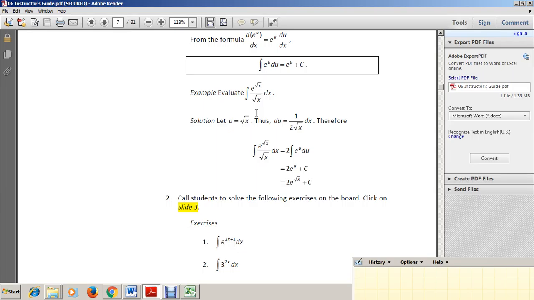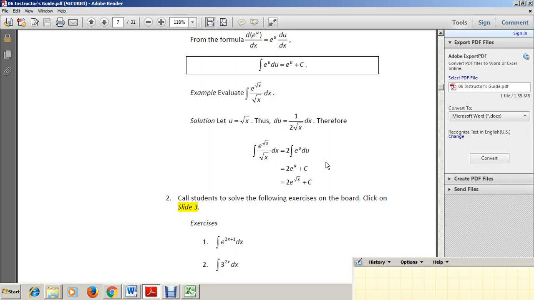Now, doing the derivative for u, the derivative of u is the derivative of x raised to 1 half, so that is 1 half x raised to negative 1 half dx. So you have du is equal to 1 half x raised to negative 1 half dx.